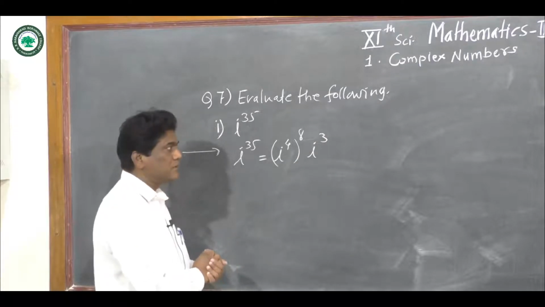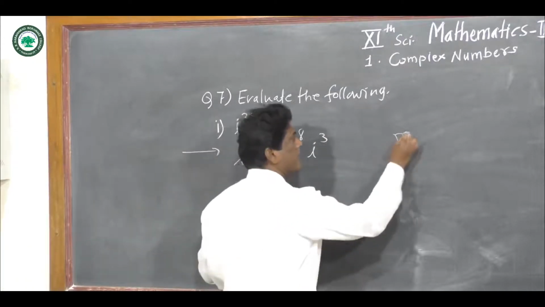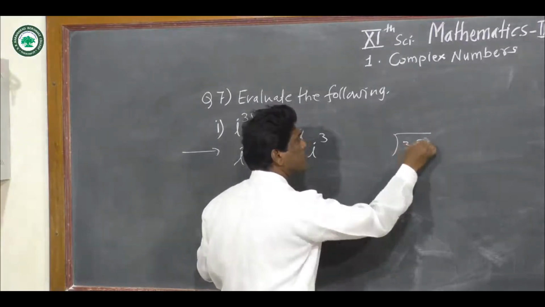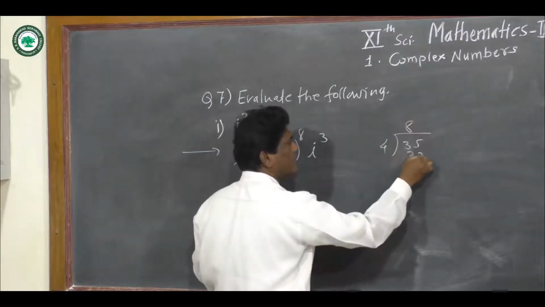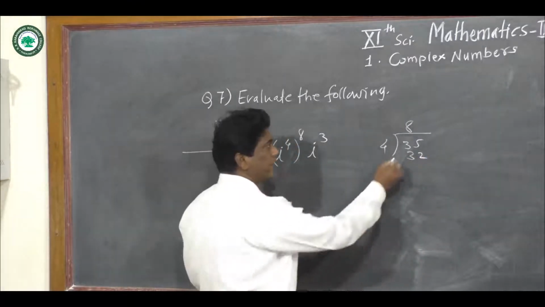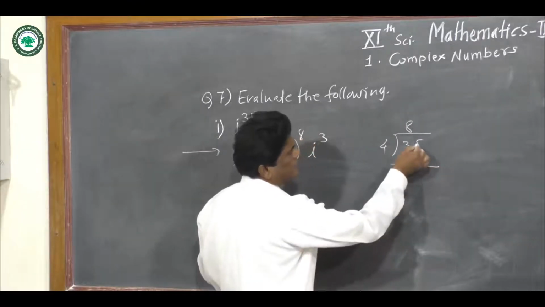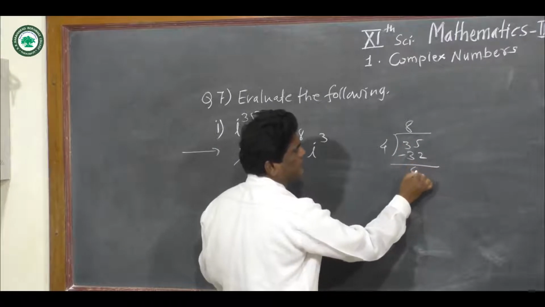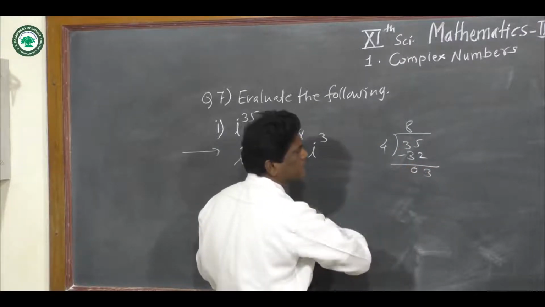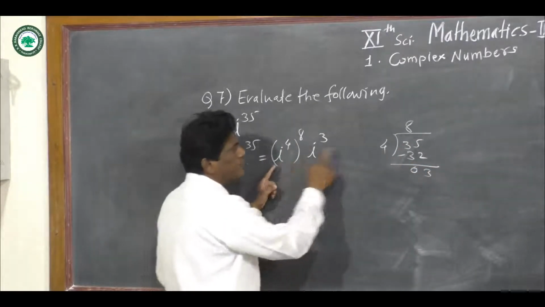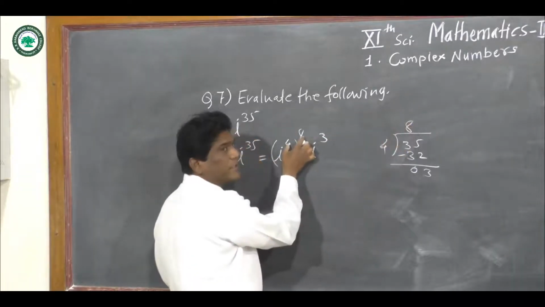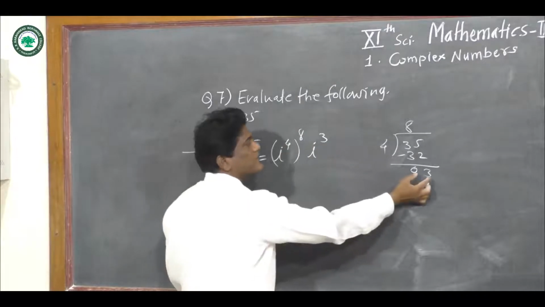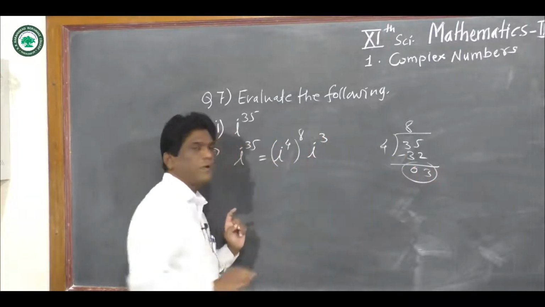Get it? If we divide here 35 by 4, suppose, so 4 8s are 32, and here 35 minus 32, that is 3. 3 is the remainder. So we write here i to the power 4 to the power 8, 4 8s are 32, and this remainder we write separately, i to the power 3.